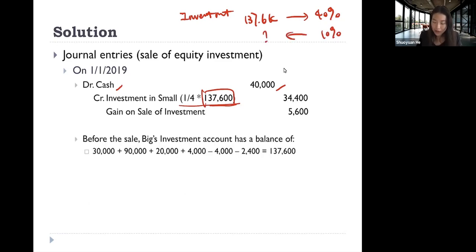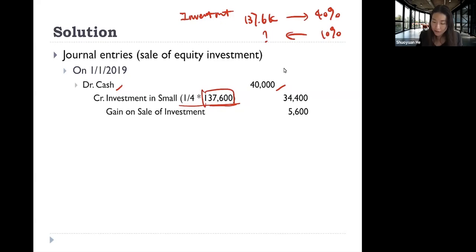In order to calculate this, we just divide 137.6 thousand by 40%, and then multiply by 10%. So it's just like taking 1/4 of that. And this gives us 34.4 thousand. So this is the amount that needs to be reduced in Big's investment account.